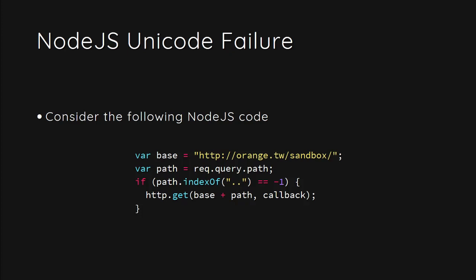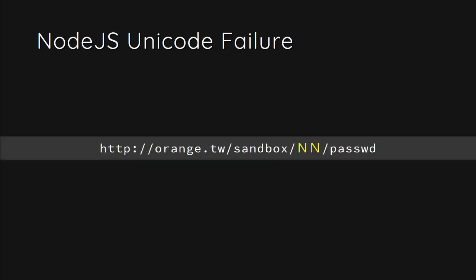The question is, if there is a password file in the web root, how do we access it? The answer is using the Unicode symbol double-width N. This URL actually accesses the password file in the web root.